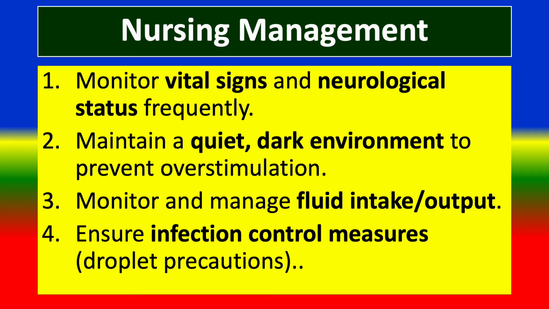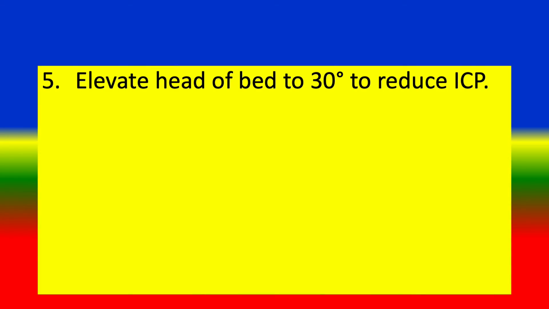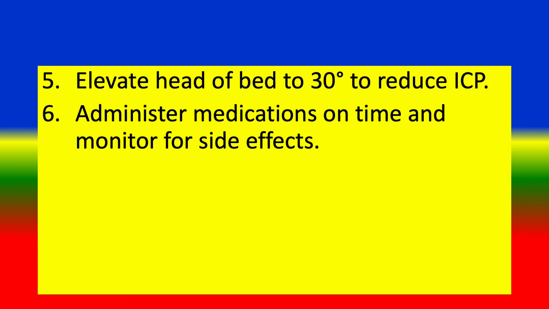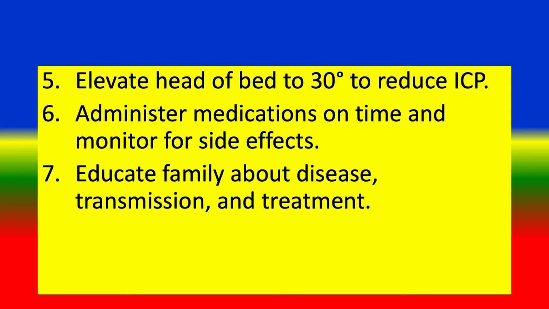Ensure infection control measures, droplet precautions. 5. Elevate head of bed to 30° to reduce ICP. 6. Administer medication on time and monitor for side effects. 7. Educate family about disease, transmission and treatment.